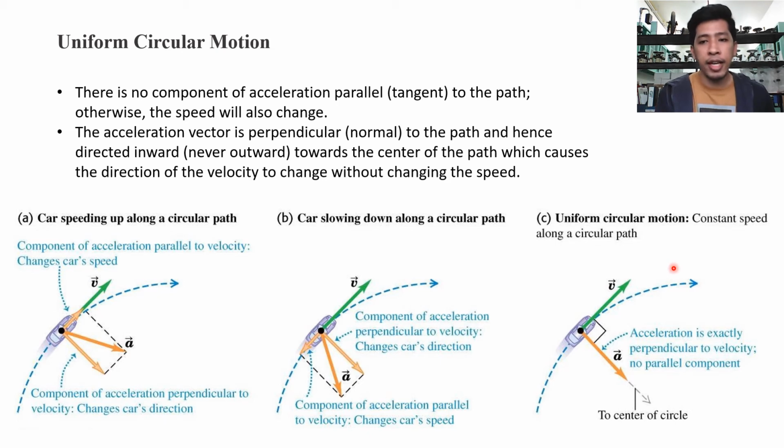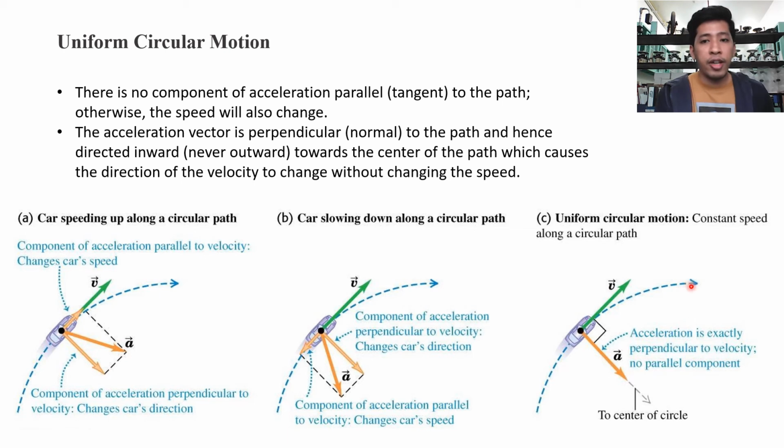Lastly, on figure C, we have here the acceleration vector, which is only perpendicular to the path. Again, this is at 90 degrees to the path or normal to the path. So for this case here, the acceleration is exactly perpendicular to the velocity and has no parallel component.